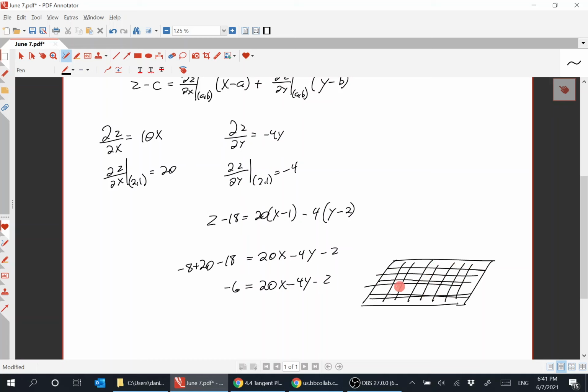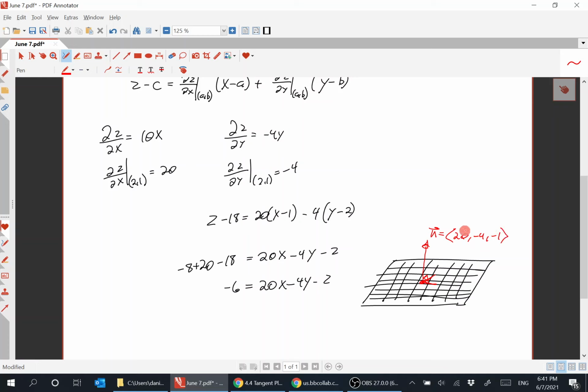And therefore the normal vector for the plane, right, a perpendicular vector, the length of that vector can vary, is the coefficients of x, y, and z. So 20, minus 4, minus 1.